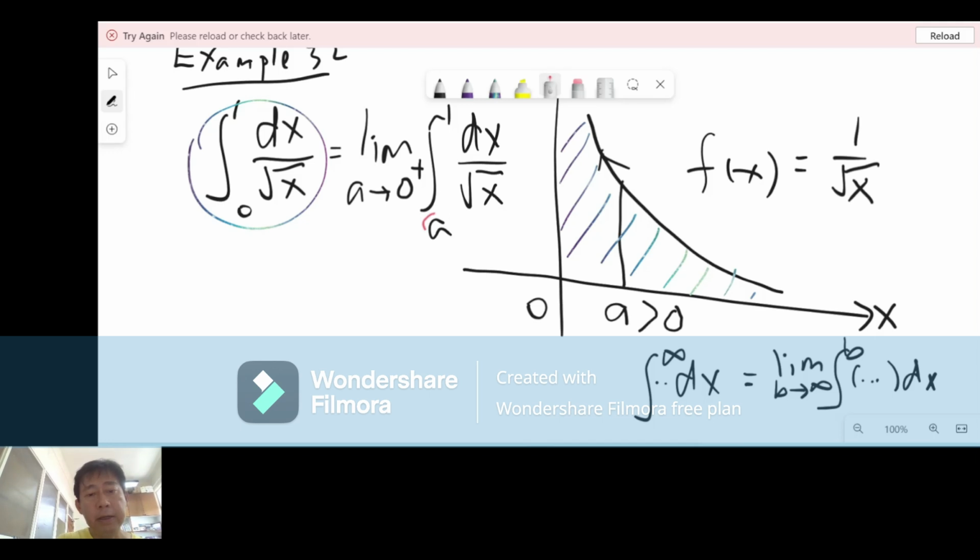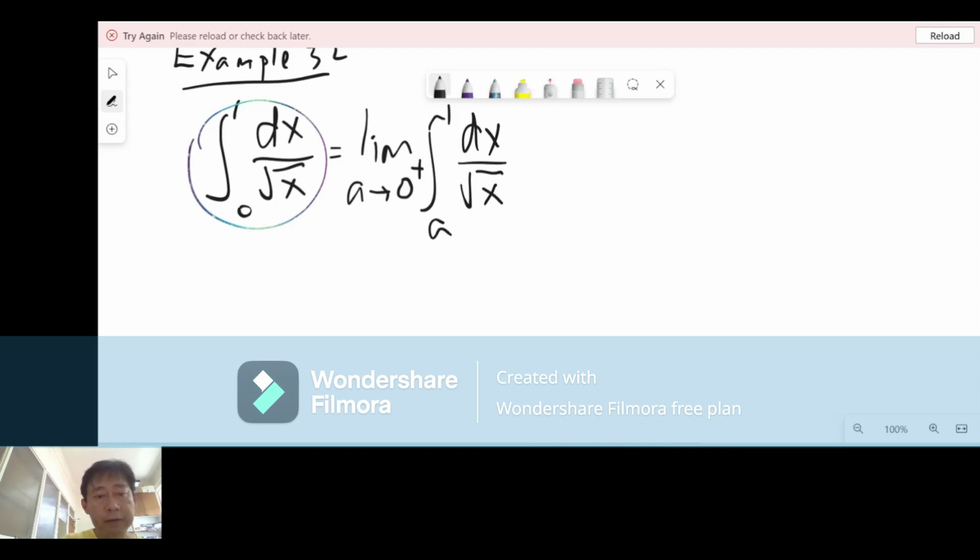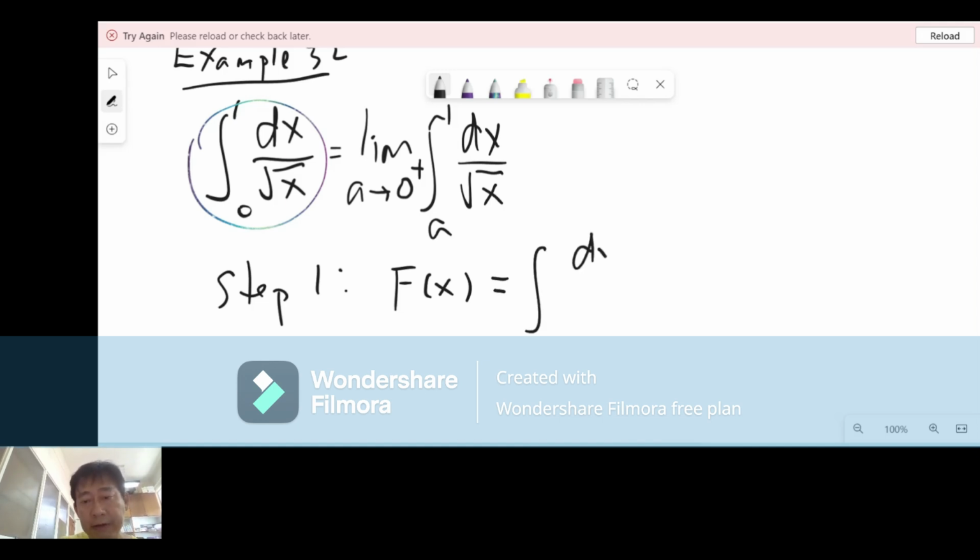Replacing the lower limit 0 with a allows us to evaluate the integral at a point very close to 0 but not exactly 0. To proceed with our calculations, we first evaluate the integral in terms of a. I will first call the capital function F(x) the indefinite integral, and that will give me 2 times x to the power of half plus a constant.